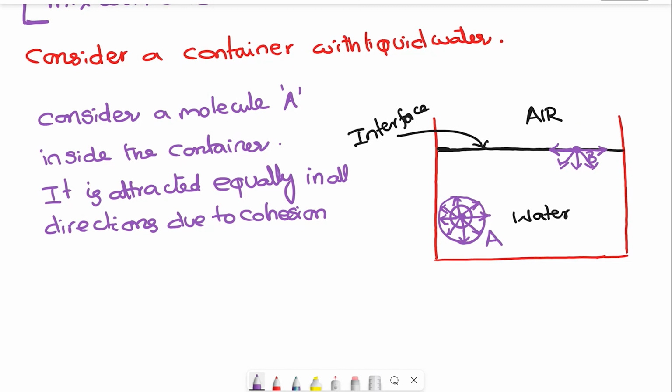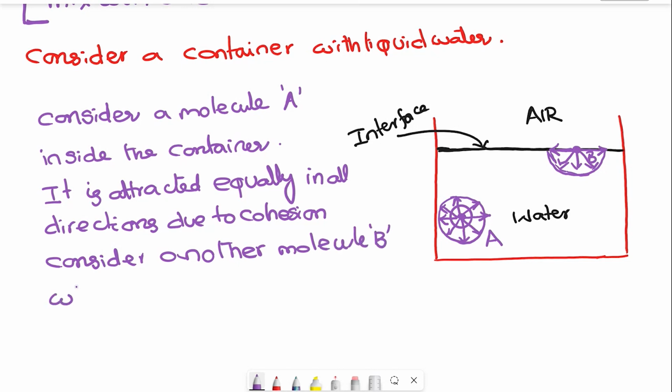So that means at the interface, this molecule is not attracted equally in all directions. Suppose we consider another molecule B, which is on the surface of water.